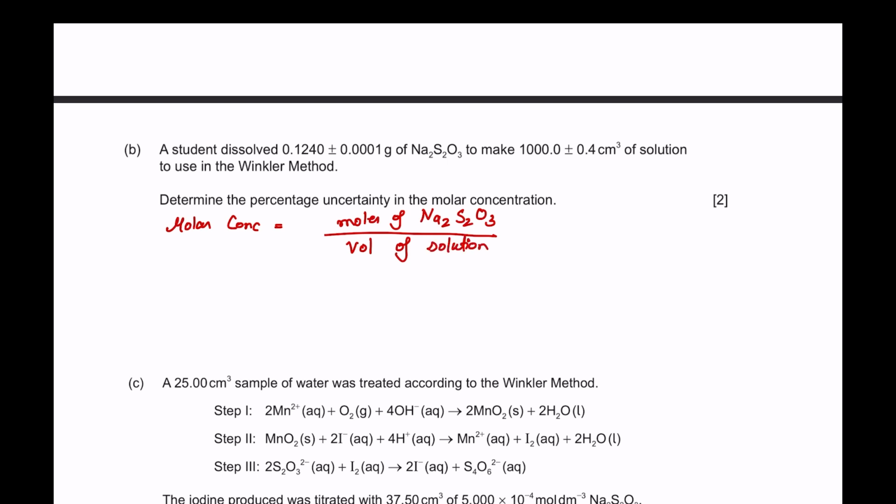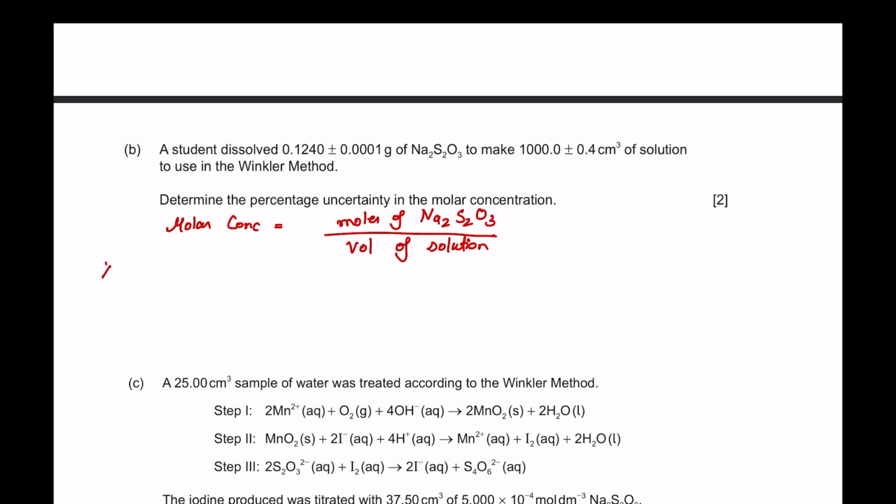As it's a division case, our total percentage uncertainty in the molar concentration will be the sum of the percentage uncertainty of the moles of Na2S2O3, which is equal to the percentage uncertainty in the mass of Na2S2O3, because you are dividing mass by the molar mass, which is a constant. Percentage uncertainty will be the same between mass and moles, and we have to add this to the percentage uncertainty in the volume of solution to get the total percentage uncertainty in the molar concentration.